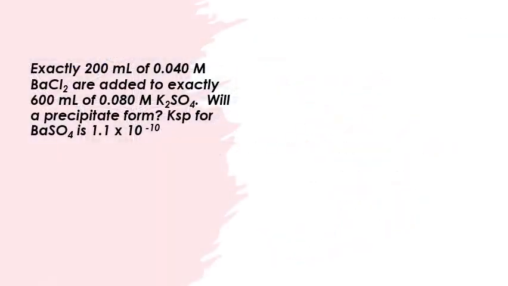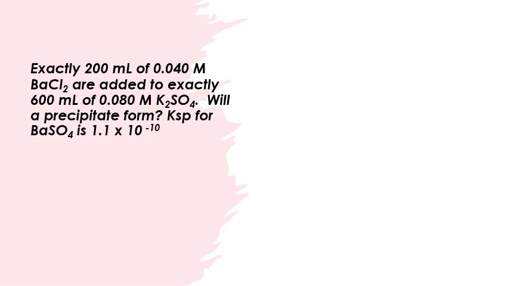All right, let's see another example. Exactly 200 milliliters of 0.04 molar barium chloride are added to exactly 600 milliliters of 0.08 molar K2SO4. Will a precipitate form?